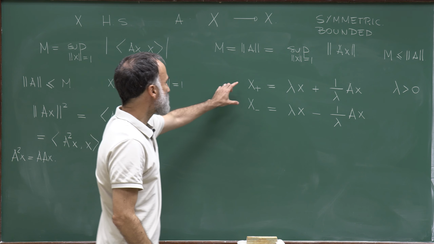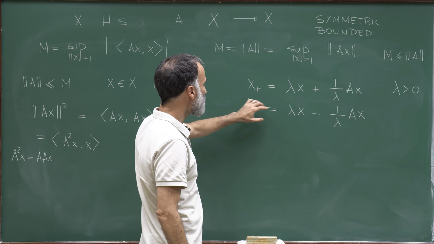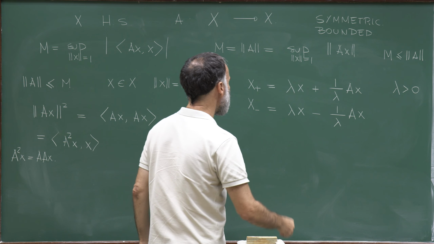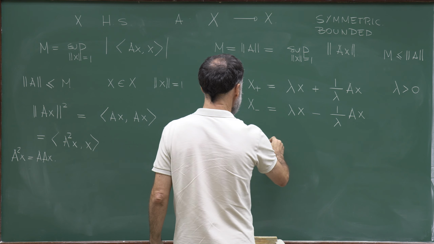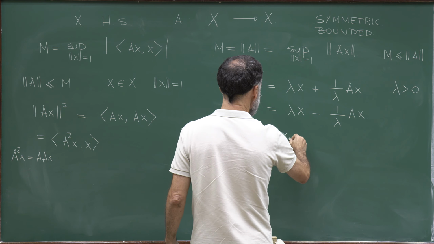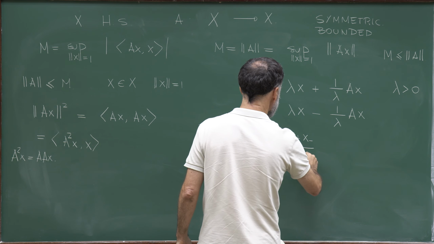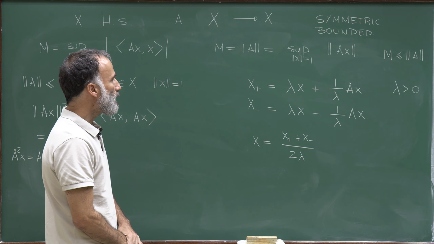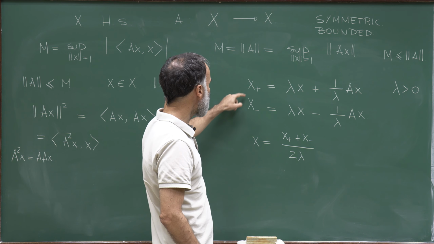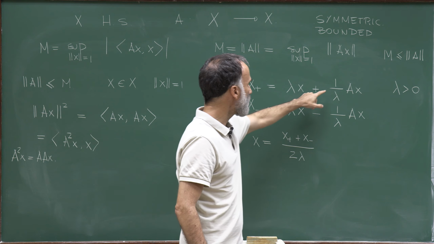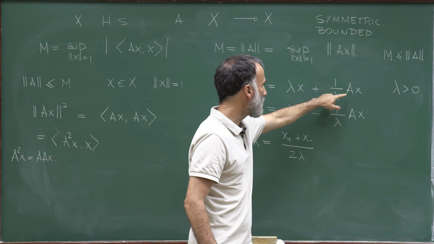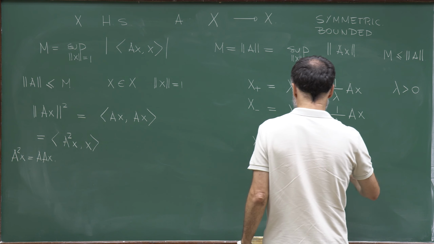So you see, if I sum x₊ with x₋, I get 2λx. So x is equal to (x₊ + x₋) divided by 2λ. While if I subtract x₋ from x₊, I get 2 divided by λ times Ax.